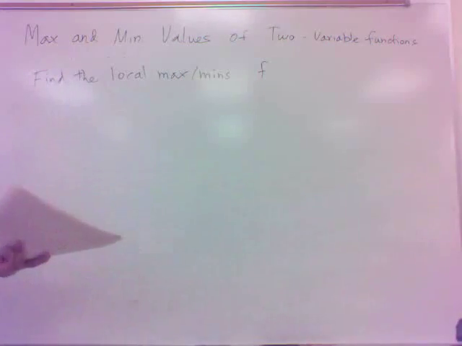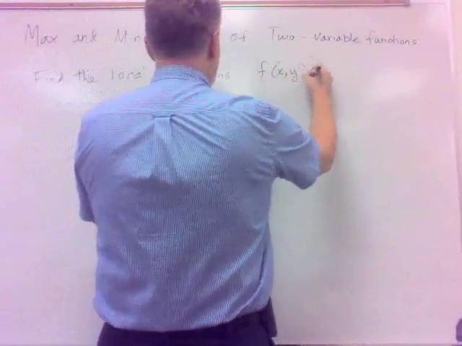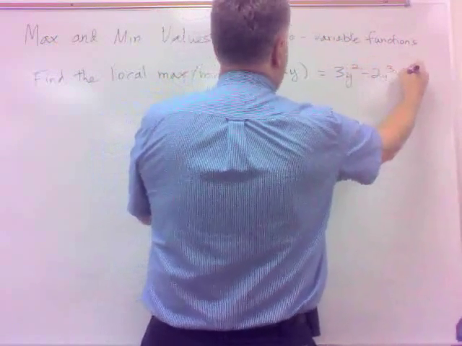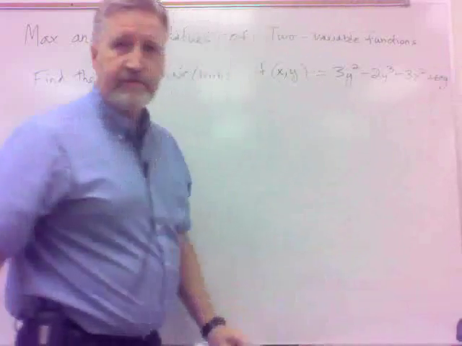You could come up with it with both. You could do it with y, yeah. So we got 3y squared minus 2y cubed minus 3x squared plus 6xy.